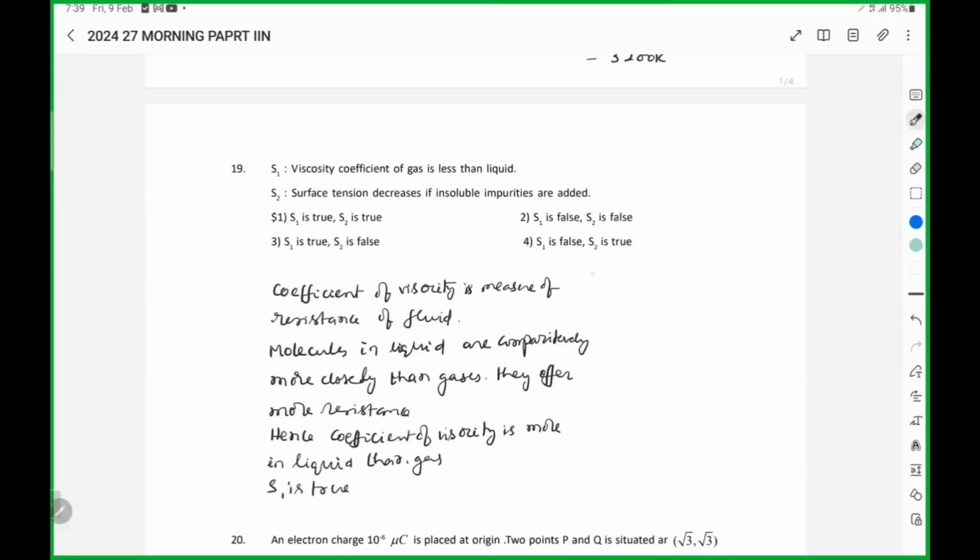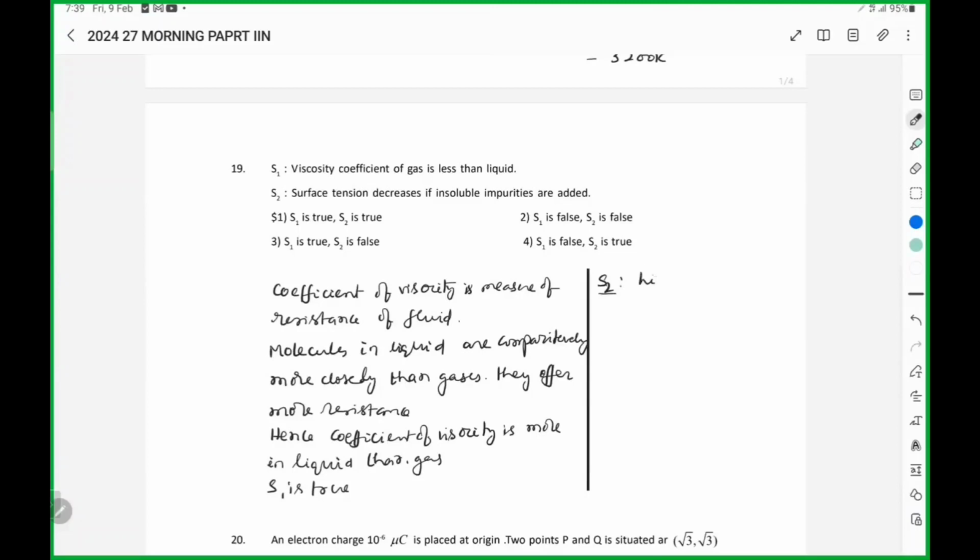So about S2, surface tension. All of you know about surface tension.